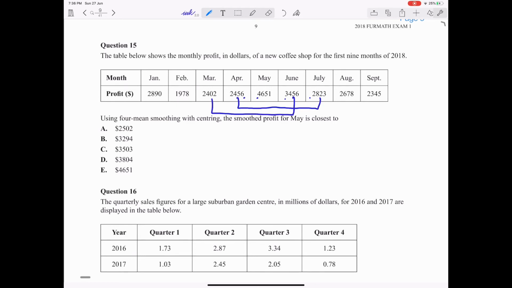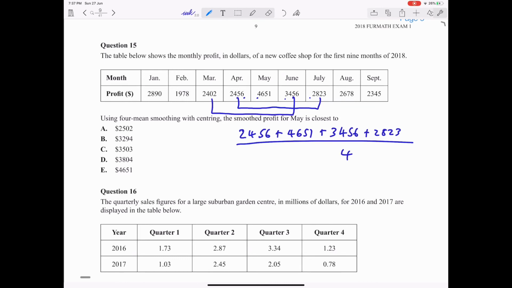So first we'll calculate the mean for April, May, June, and July. So that would be 2456 plus 4651 plus 3456 plus 2823 on 4. So that's the 4 mean smoothing for the months of April to July.